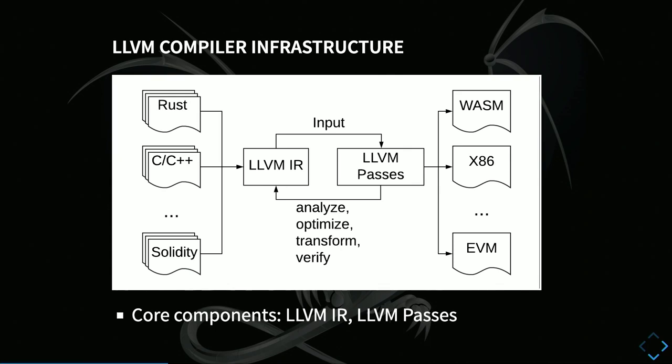On the LLVM IR, we have a lot of LLVM passes, which analyze, optimize, transform, and verify the LLVM IR. And eventually, when everything is ready, you lower it again into your architecture-specific binary code or assembly code.